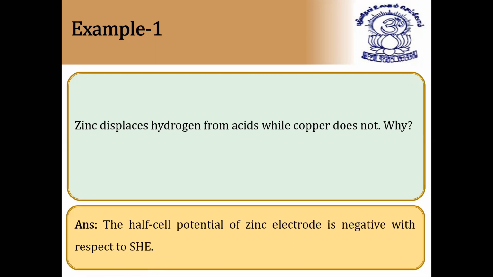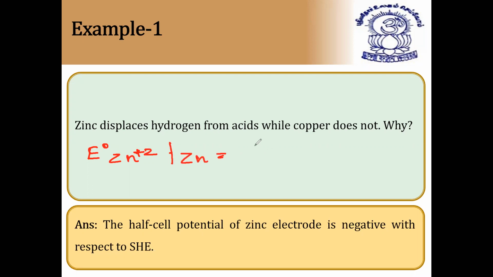So zinc has a negative reduction potential, that is, E degree of Zn plus 2 to Zn is equal to minus 0.76 volts, which you have got from experimental calculation, whereas E degree of Cu plus 2 to Cu gives rise to plus 0.34 volts.